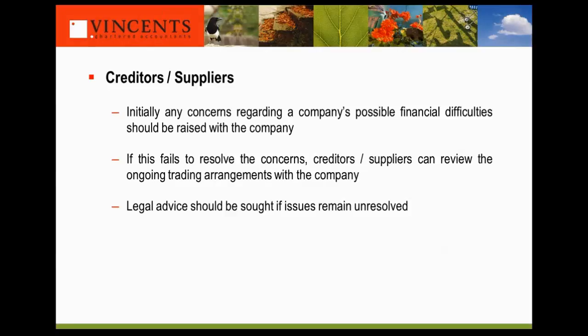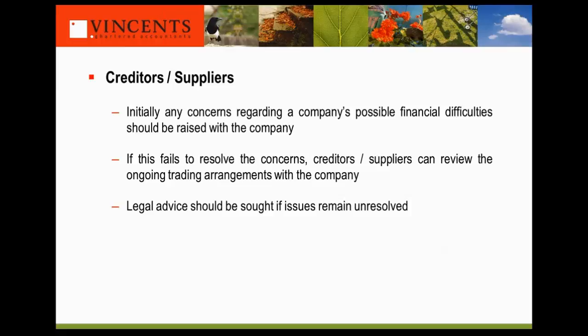For creditors and suppliers, initially, whilst it's a difficult conversation to have, these concerns should really be raised with the company that you're dealing with. Sometimes terms can be agreed between the parties as to how to move forward.